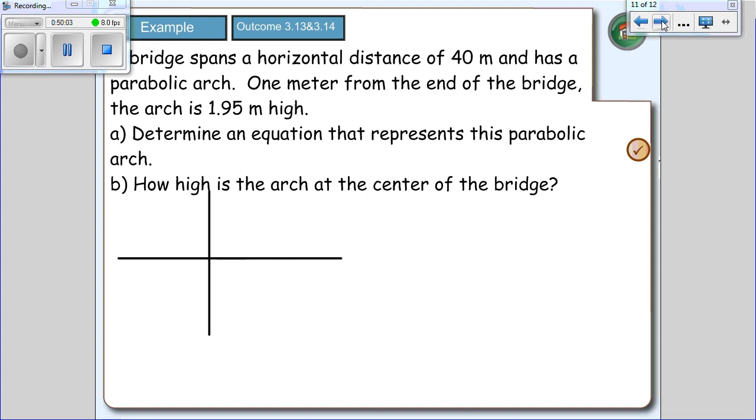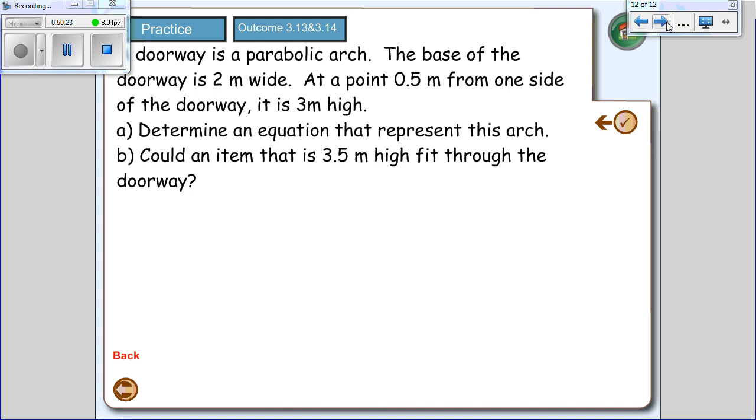Okay. The last slide. We can, right now, as a class, do this question, or you guys can ask different questions about what's going on in this unit.